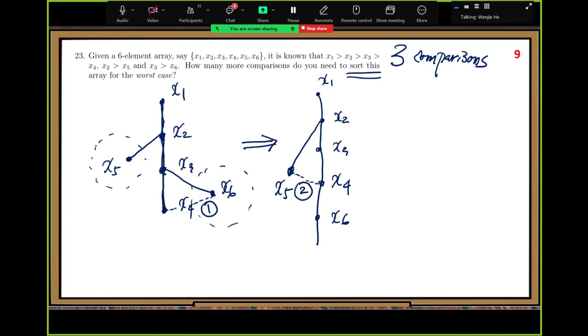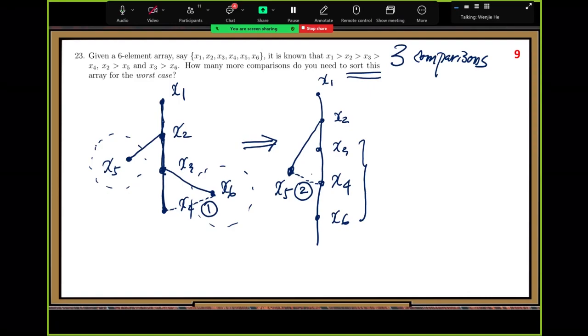We only need to consider the relationship of x5 and the bottom 3 elements. We do not need to consider the top 2 elements. So you use the binary search way. You compare x5 with x4 as your second comparison.